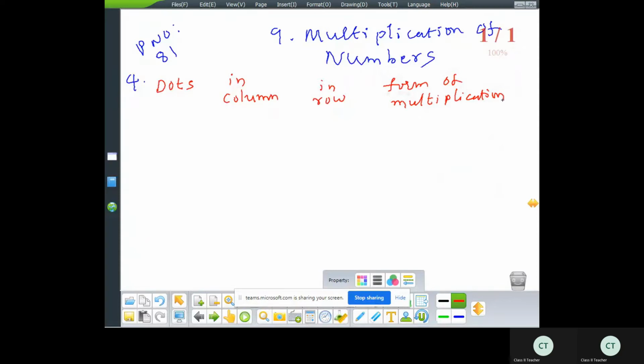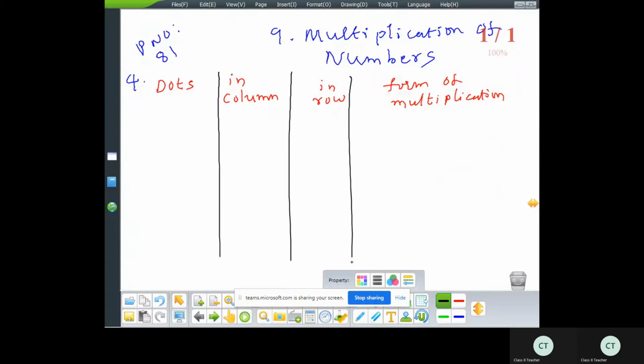Okay, children, first one. See, here rows: 1, 2, 3 rows.